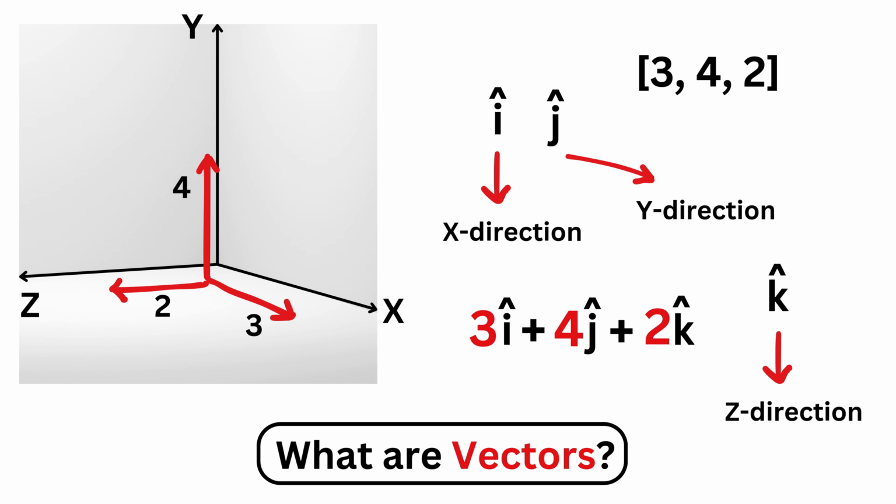The symbols i, j, and k hats are just conventions used to represent unit vectors in the x, y, and z directions, but we can use other symbols like x hat, y hat, and z hat, or simply x, y, and z to mean the same thing.